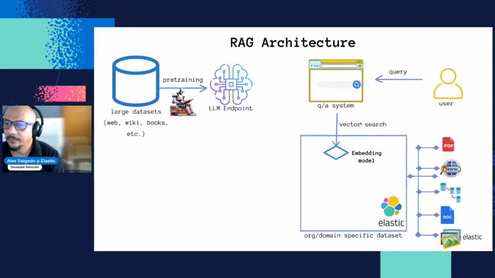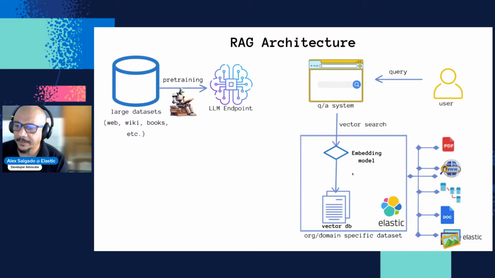So we'll create some vector search and use an embedding model to translate for specific tasks. And you have a database here, Elasticsearch, ingesting data from different sources like PDF, web, relational database, docs, images, and putting them together inside our vector database.